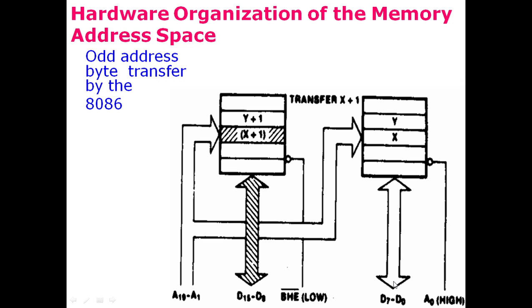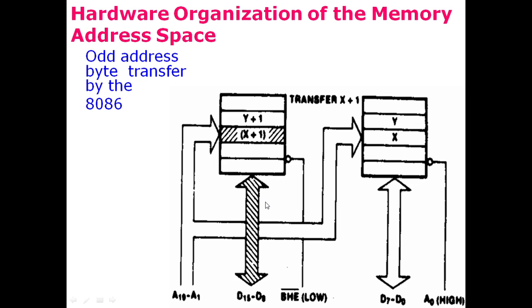And if, for example, an odd address byte is to be transferred, that odd byte transfer means that a single byte of data is read or written to this high bank or odd bank. So the same 19-bit address identifies a location in both of these banks, but only one of the banks is enabled. In this example, bank high enable is low, so this would enable the high bank, while A0 is high, so the low bank or the even bank would not be selected.